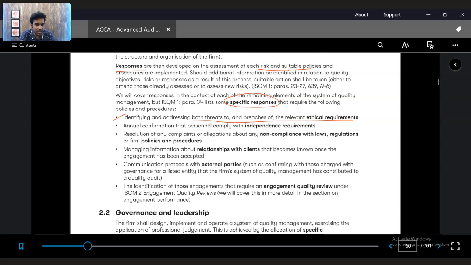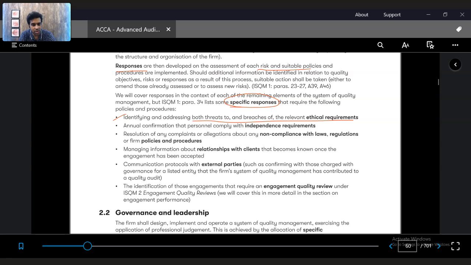Now, if you have independence issues, you should not accept the client. But looking at the fees as a prominent revenue, if the auditor accepts it, then they are ignoring the quality of the audit, because independence threats could lead to threats to objectivity, which could lead to the auditor's judgment being compromised. So that's an example.